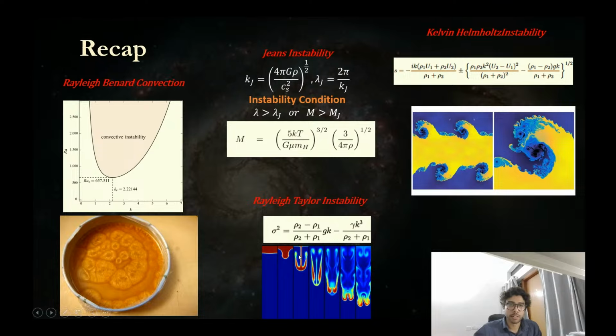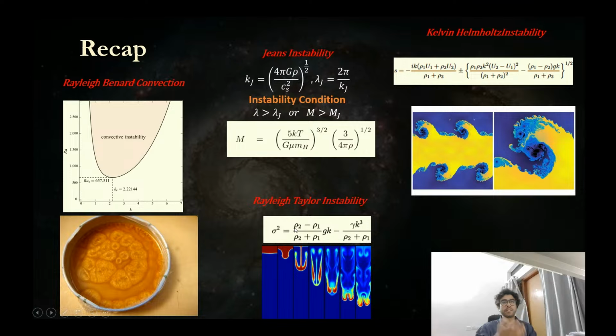Or if it's real, then the instability will grow, right? So for example, this term, the second term, is the term coming from the surface tension. This gamma is the surface tension coefficient, which is the stabilizing force, whereas this difference in the density gives rise to the buoyancy force, which is the destabilizing force.